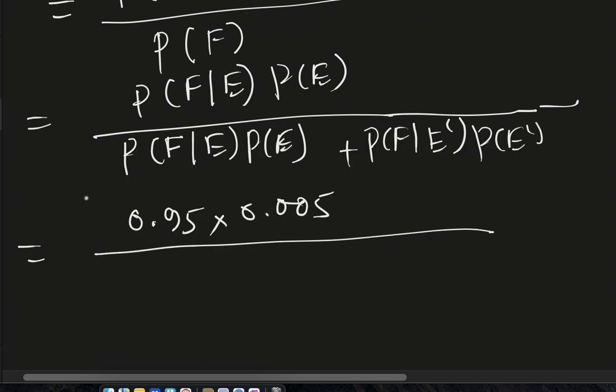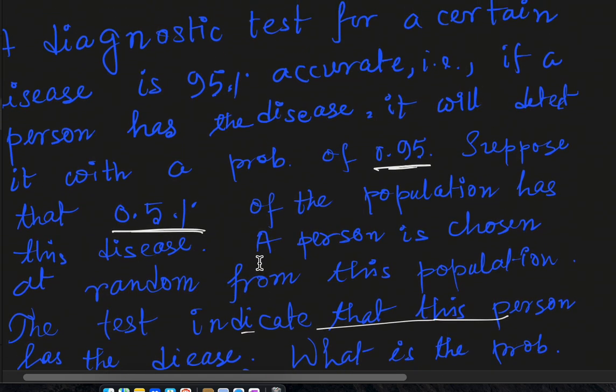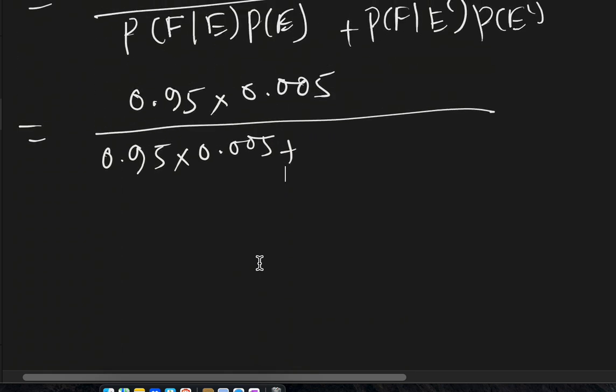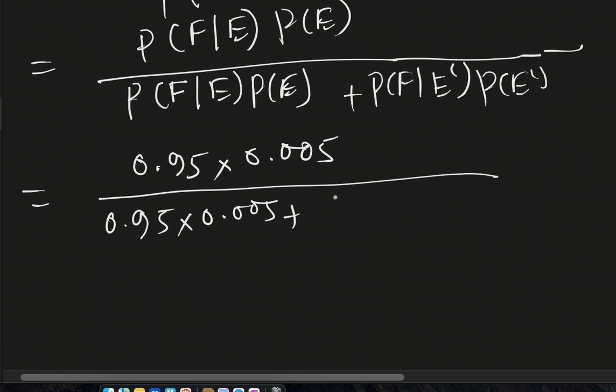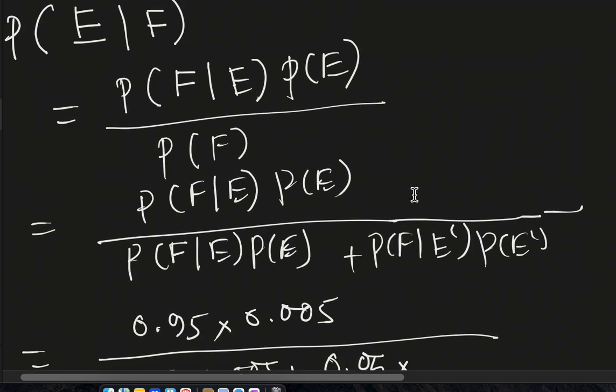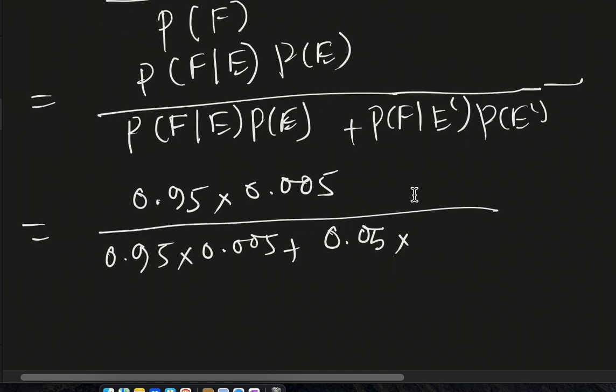0.005. So P(F) is 0.95 into 0.005 plus, what is the probability that he doesn't have the disease and still shows a positive result? That is 1 minus 0.95, which is 0.05, and the probability that the individual doesn't have the disease is 1 minus 0.005, that is 0.995.